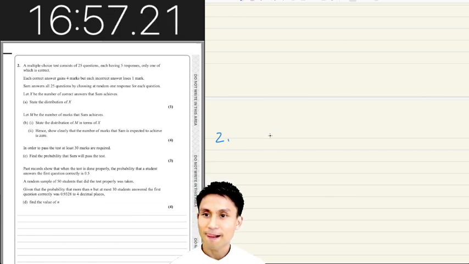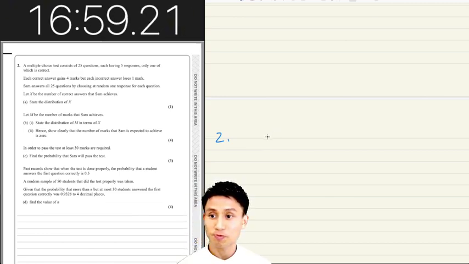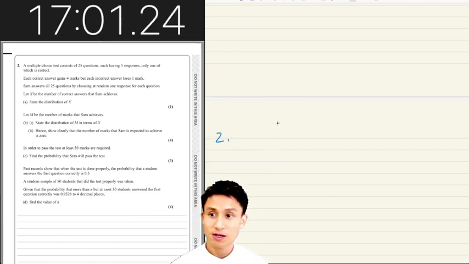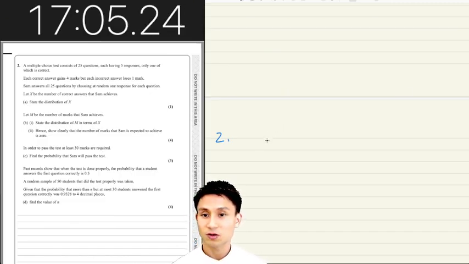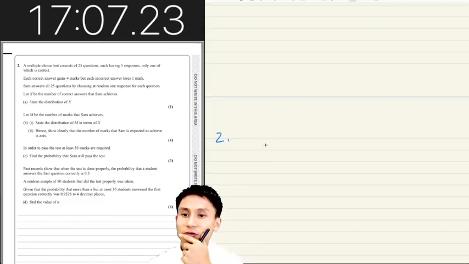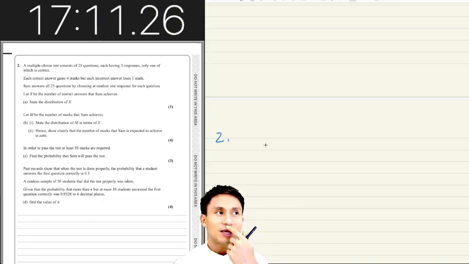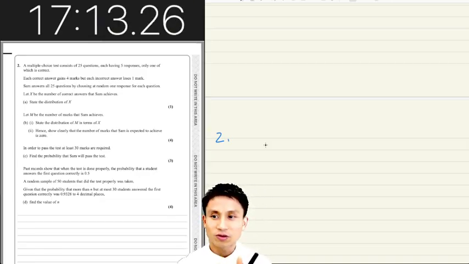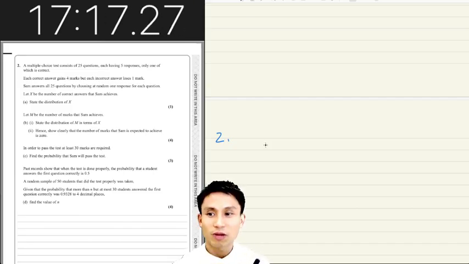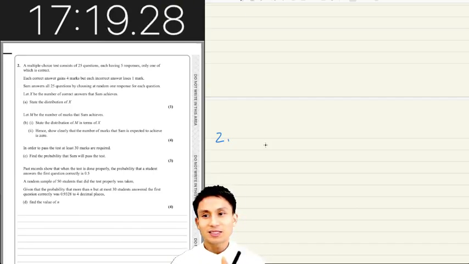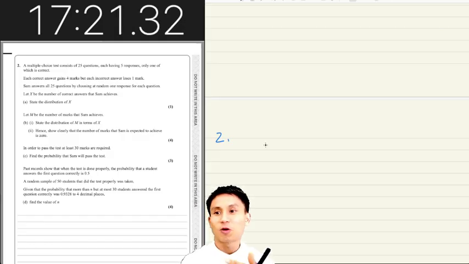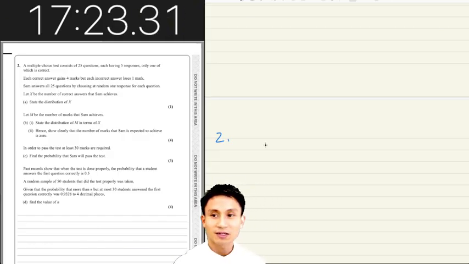Okay. All right. Distribution of X. Ooh, that's the probability. Distribution in this case would mean how do we model X, right? So do we model it as Poisson, binomial, or normal? This is discrete because you can't have 4.5 questions to be correct.